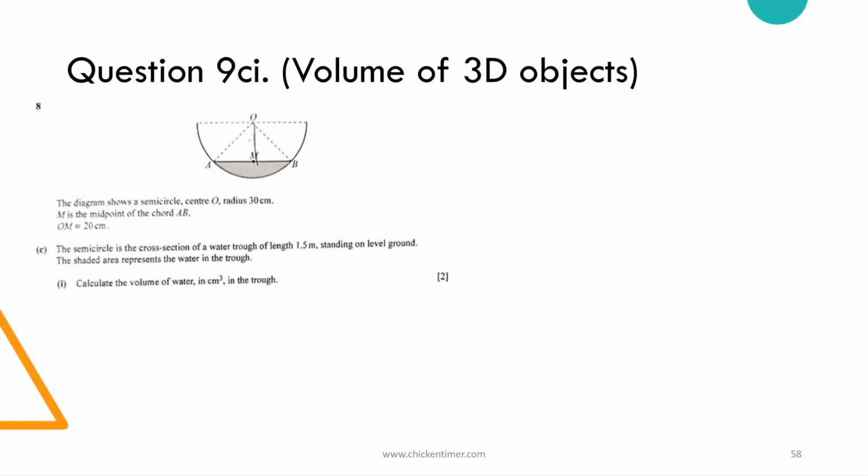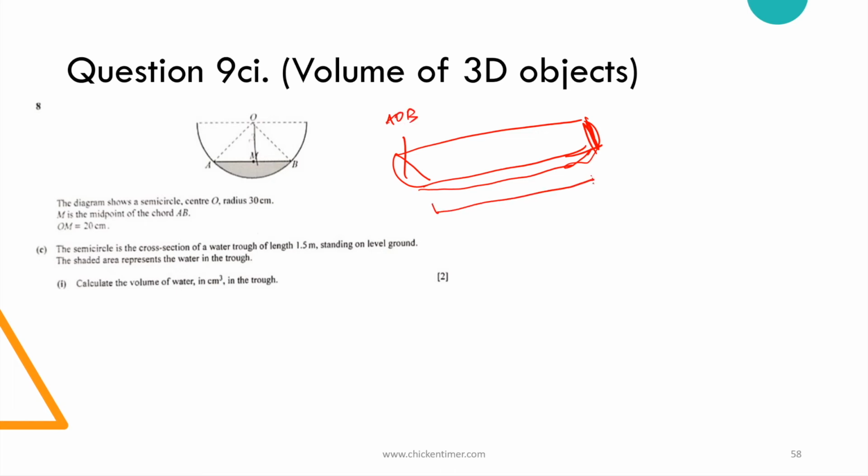Then now you have part C. Part C says the semicircle is a cross section of the water trough of length 1.5 meters. So this is AOB. Then the length of the water trough is 1.5 meters, which is 150 cm.